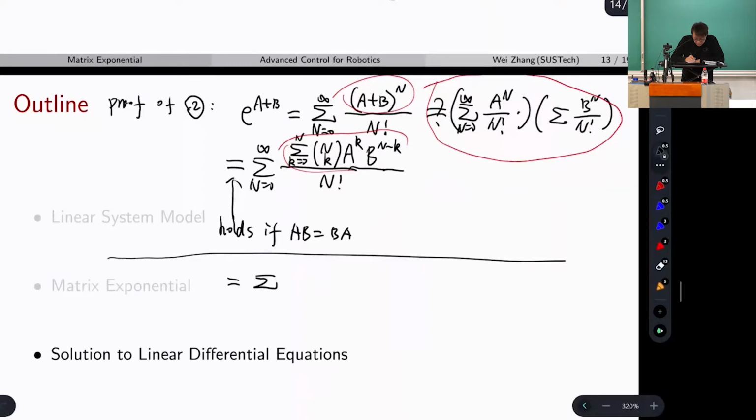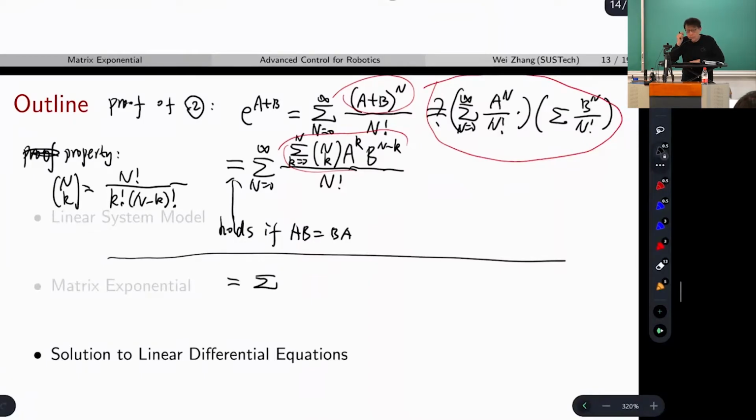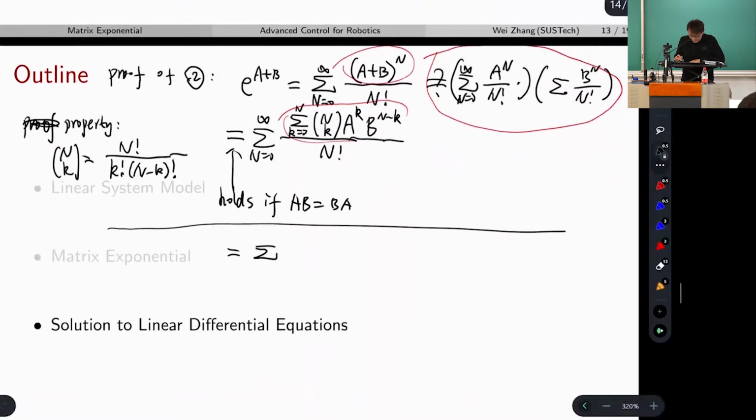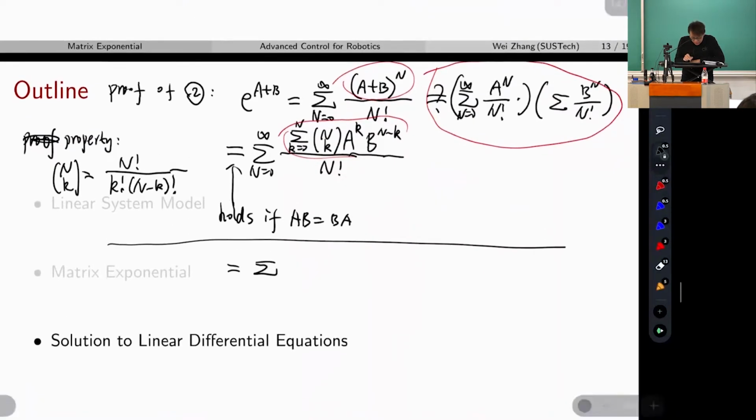Property: n choose k is n factorial divided by k factorial times n minus k factorial, if you still remember from your high school or middle school. Ruben, that's correct. You remember this? Good. Anyway, that's the fact. Keep it in mind.